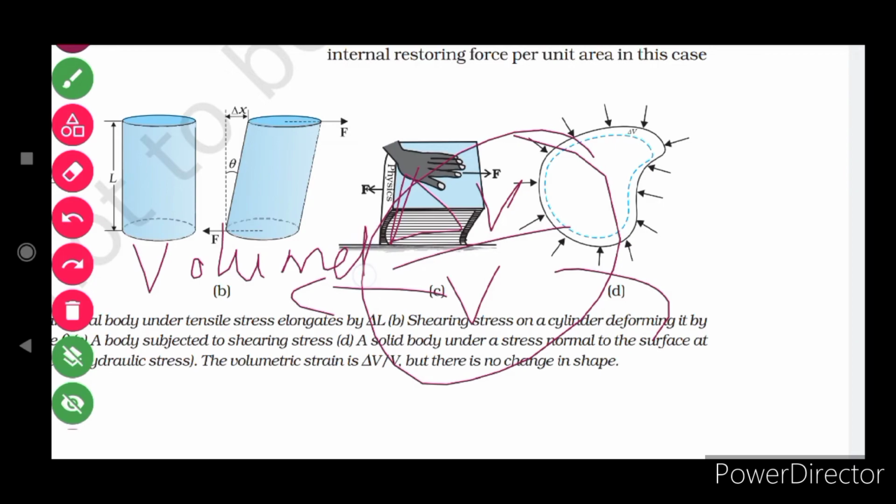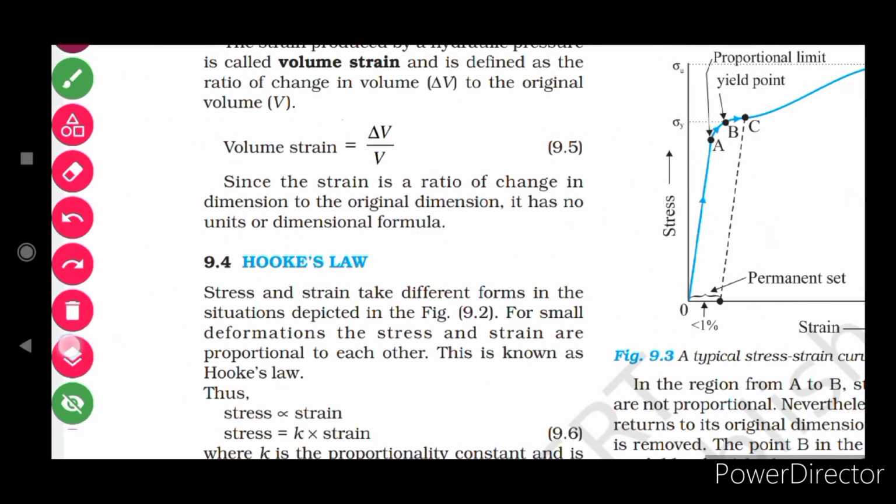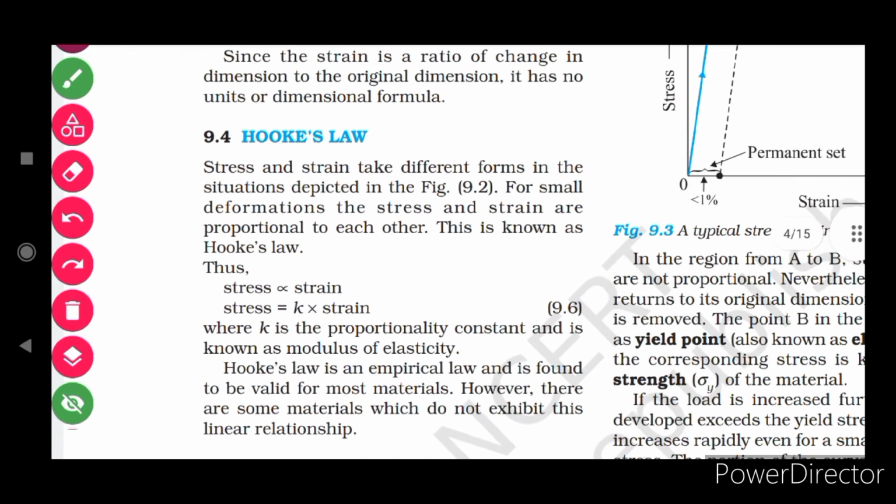So volumetric strain is given here as delta V upon V. And one important point: strain, because it is a ratio of the change in dimension upon the original dimension, has no unit and no dimensional formula.